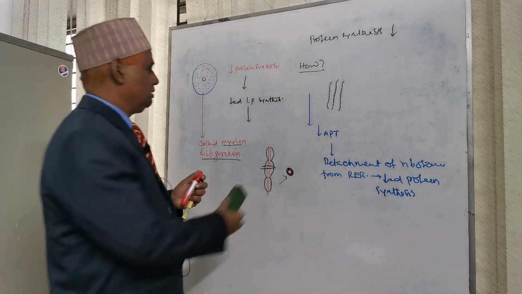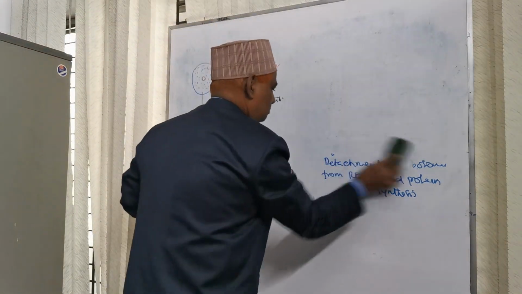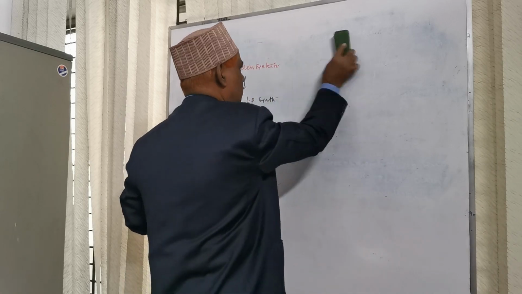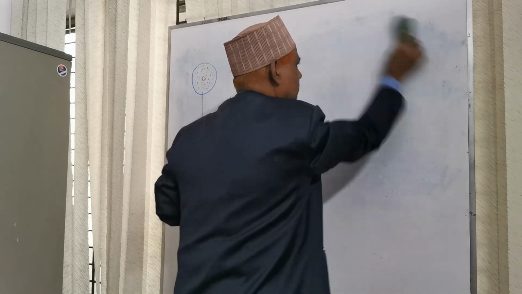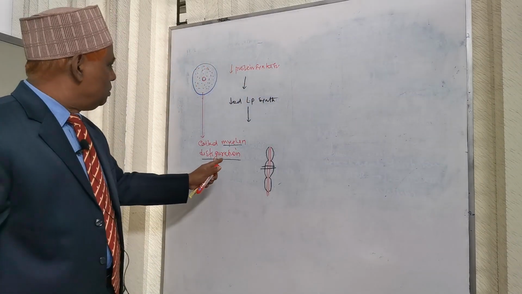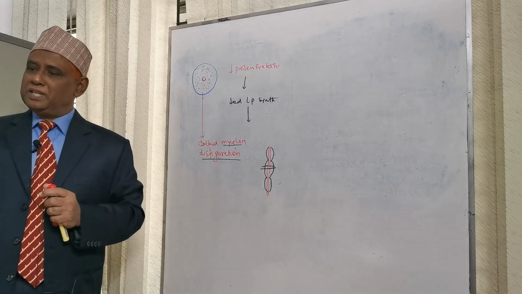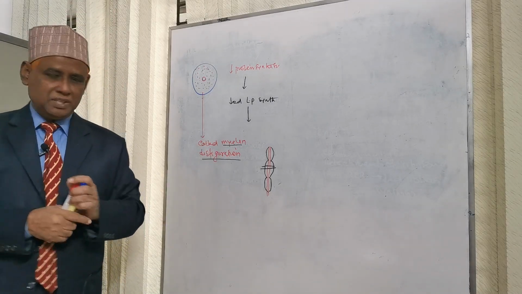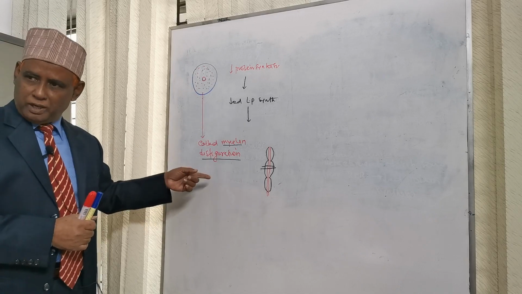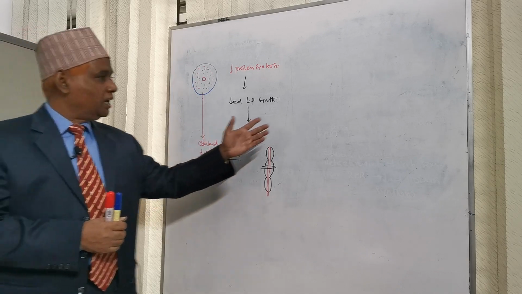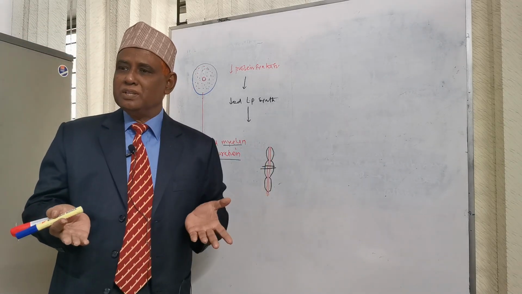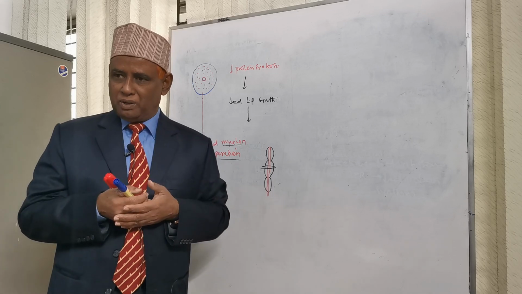One thing is important to know. I have told you that in hypoxia there is decreased aerobic glycolysis, and there is increased anaerobic glycolysis.